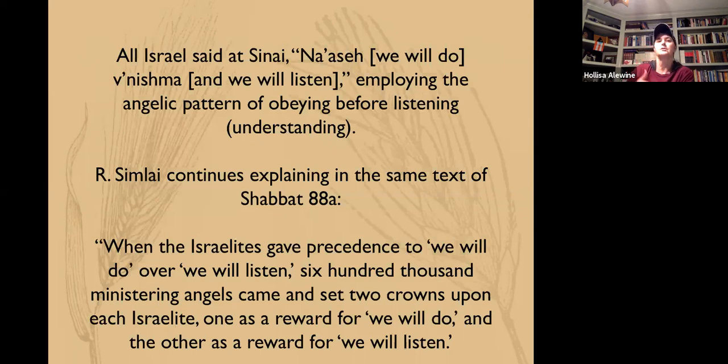When you emphasize doing over understanding, then you're speaking with the tongues of angels, and you're eligible for two crowns. You're eligible for the crown of we will do, and we will listen. Listen to what? Deeds of righteousness.